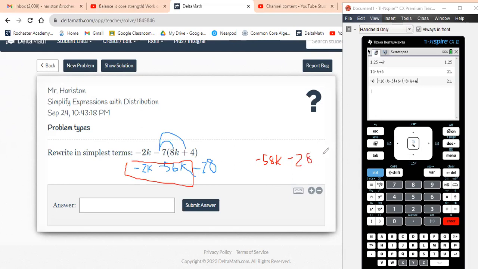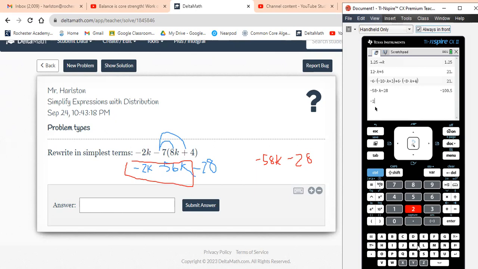Now, again, before I submit this, I'm going to check it. So let me do that. So I've already got 1.25 stored for K. So I'm going to enter my answer, which was a negative 58K minus 28. And I get a negative 100.50. And then I'm going to key in the original, and I should get the same thing.